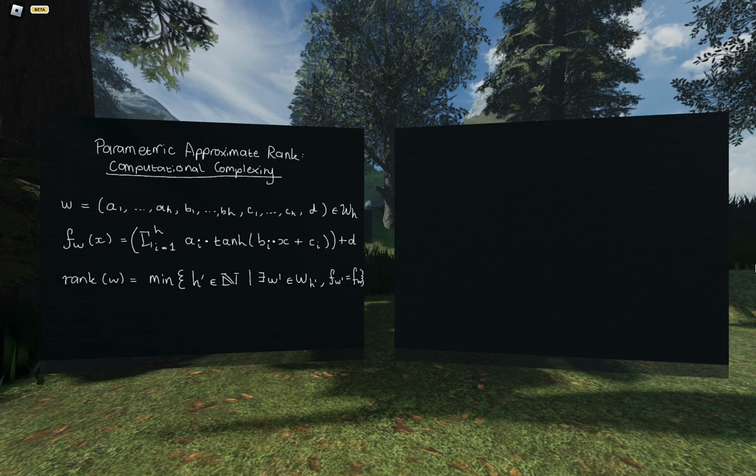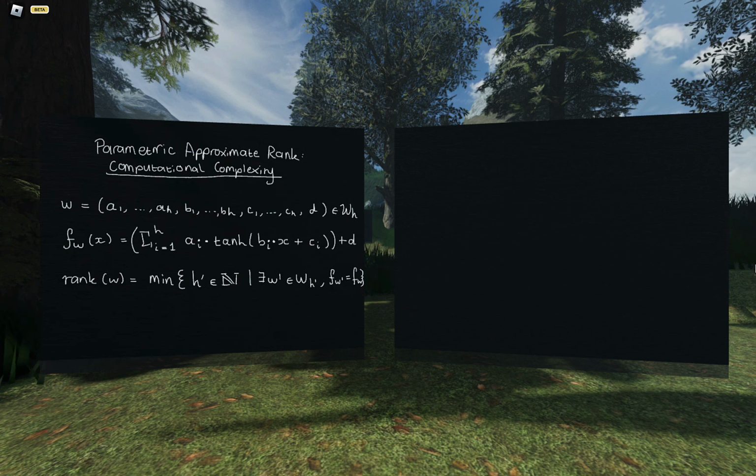So you take your parameter and ask what is the absolute minimum number of units that I need to implement the same function? But maybe you started with a parameter where you are using all of the units, but some of them you're not really using a lot. They're not really affecting the function a lot.